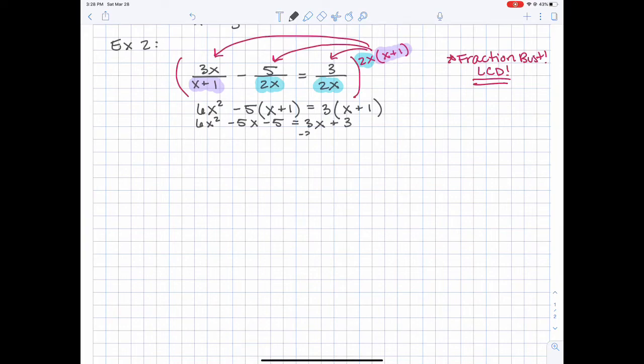I'm going to move these over to the other side and set this equal to 0. So we have 6x squared minus 8x minus 8 is equal to 0. I definitely want to factor out that GCF of 2. Excuse me, I need to write 3.